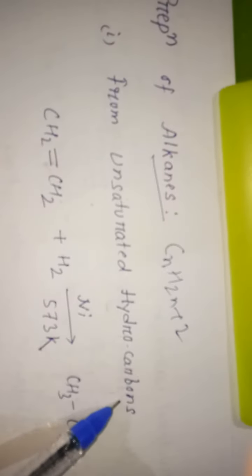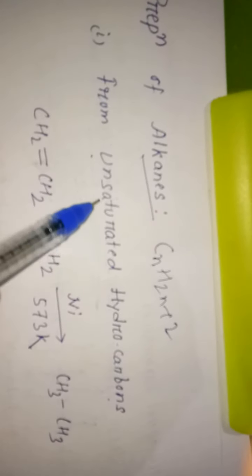So next we are going to take some preparations. The preparation of alkanes. We know alkanes have the general formula CnH2n+2. Now we can prepare alkanes from unsaturated hydrocarbons. If a carbon atom is bonded with 4 others, with all its bonds single bonds, then it is saturated.